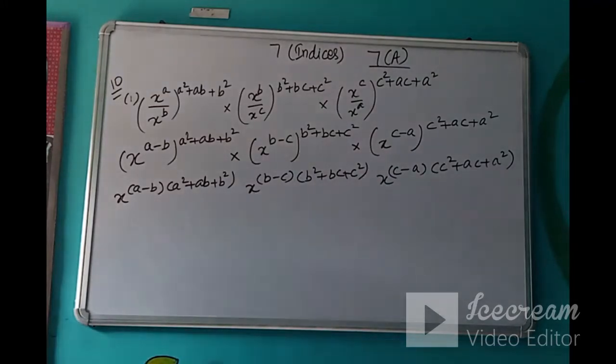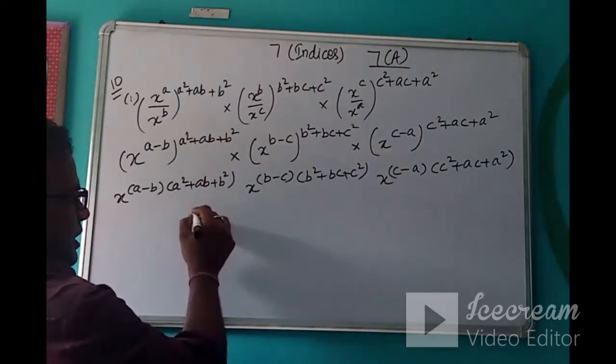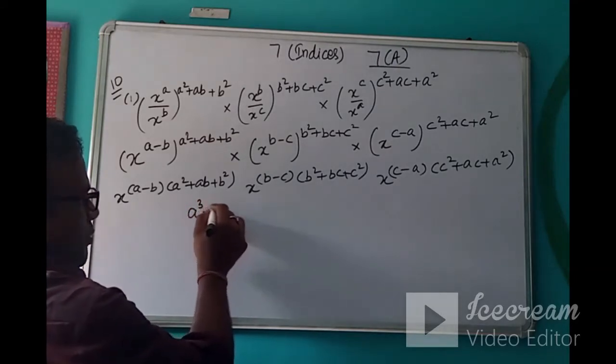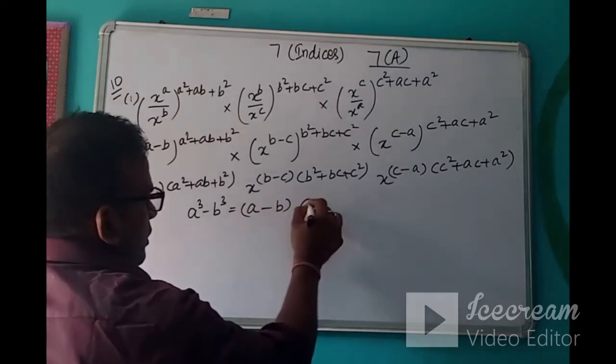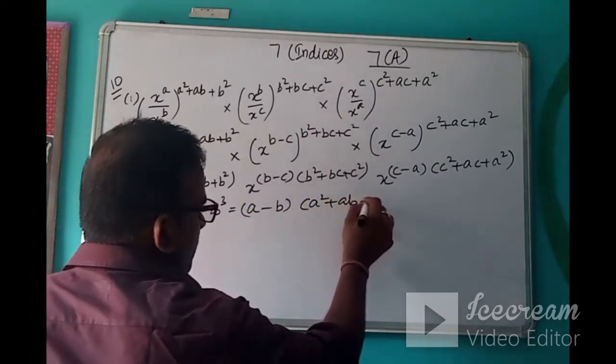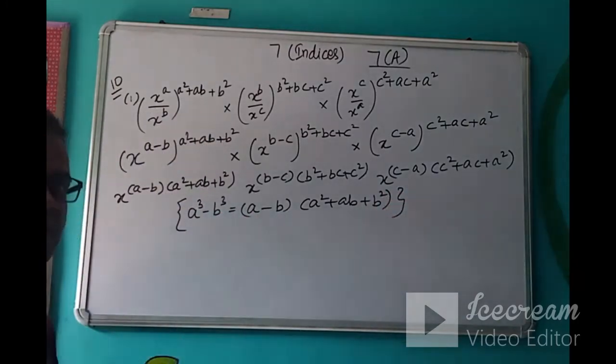Now, if you remember in the expansions, we have studied one expansion of a cube minus b cube. That was a minus b into a square plus ab plus b square. So this expansion we are going to use in this.